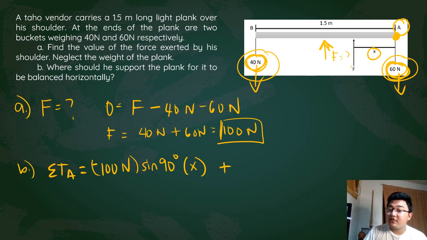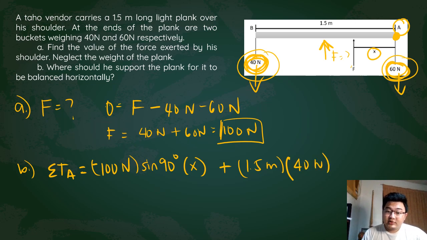Plus, we have another force, for which we know the distance from the pivot point, which is 1.5 meters, times 40 newtons. That's positive because that force will cause a counterclockwise rotation, times sine 90 degrees.